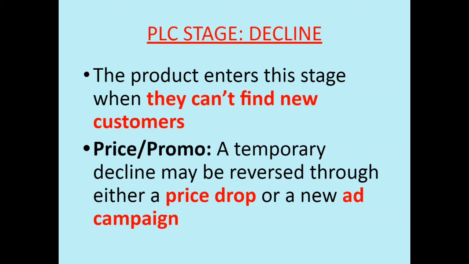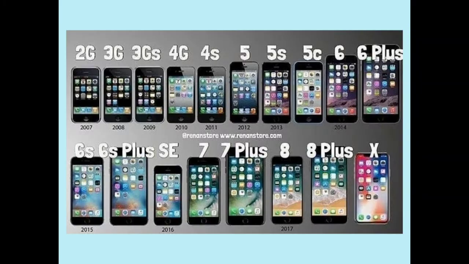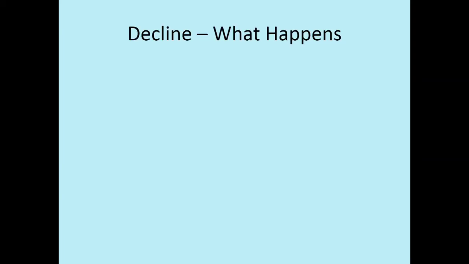They can be temporary, and we can see that graph head back up into the maturity phase if this phase is managed well. So some examples of declines, really, with a lot of technology, especially phones, we see really, really popular. They have a very short product life cycle, and as they start to decline, new people aren't buying them anymore. They throw out a new release or a new product to kind of make themselves relevant again.